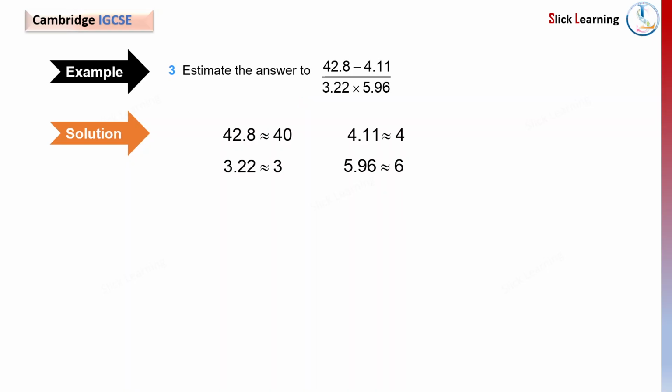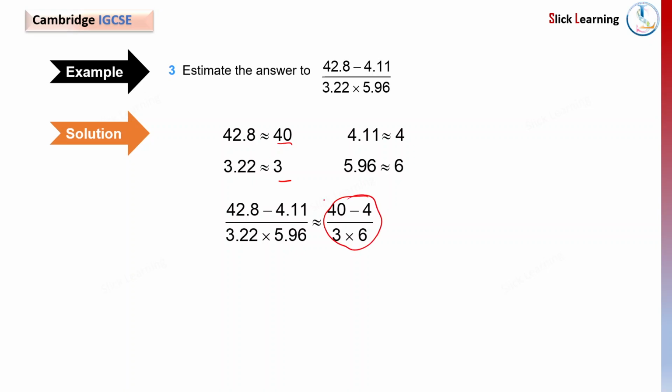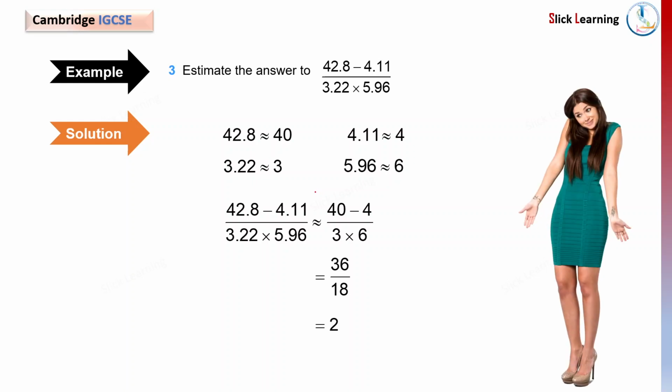Replace all these numbers by the approximate values. After replacing, you can find the values easily. So 40 minus 4 comes to 36 over 18, which is 2.